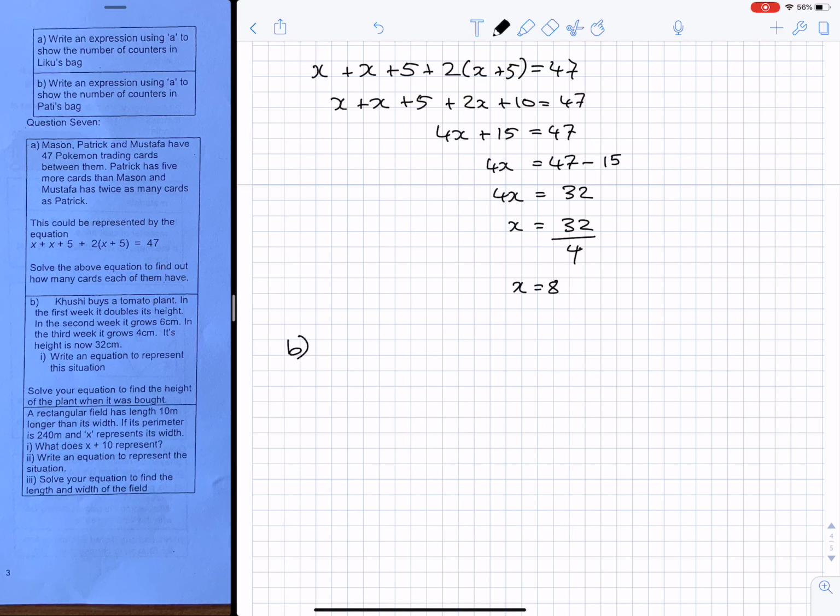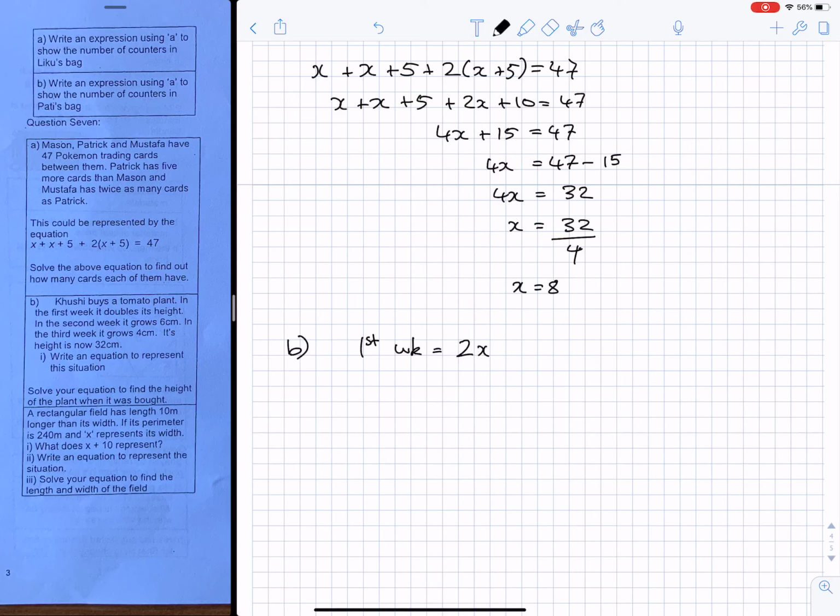Koshi buys a tomato plant. In the first week, its height doubles, so 2x, right?